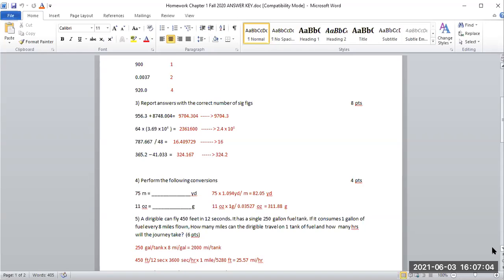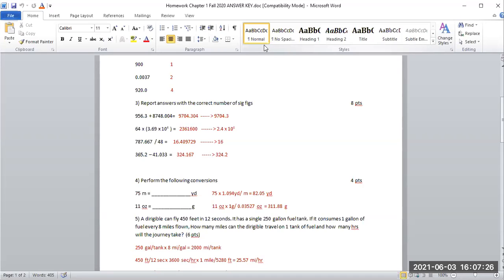You could insert zeros after the 2 and the 4. However, the most efficient way to express your 2 sig figs is to write it as 2.4 times 10 to the 6th. You cannot give me all of the numbers, only the 2 and the 4.